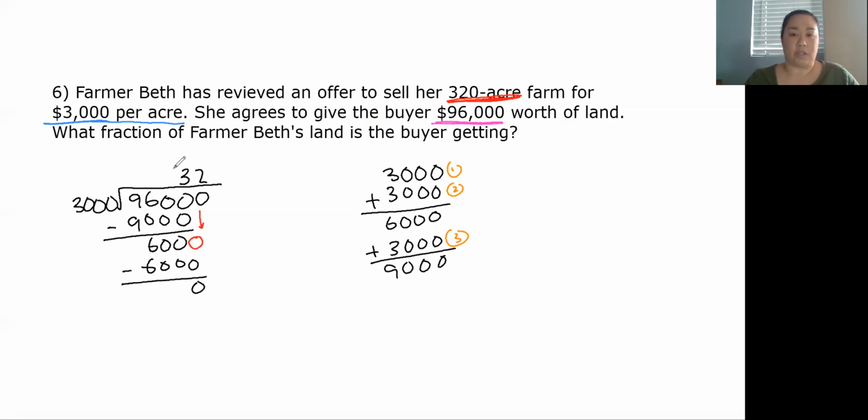So the fraction that we're trying to find, this is all just one part, right? This is to find my 32. So now what I have to do is divide 320 acres by 32 acres to find out the fraction. And the fraction isn't going to be too bad with this, okay?